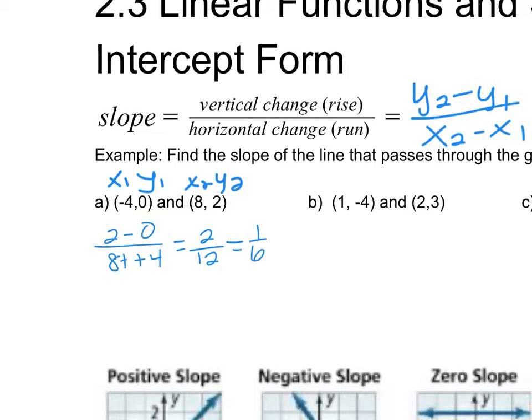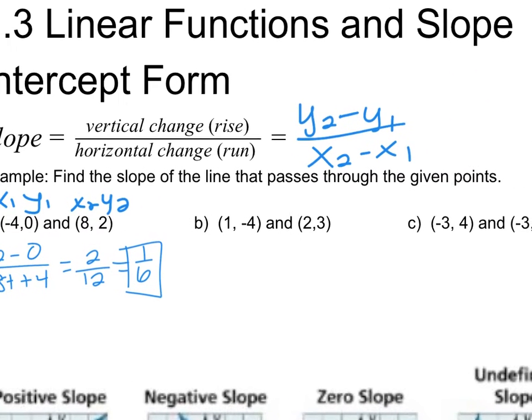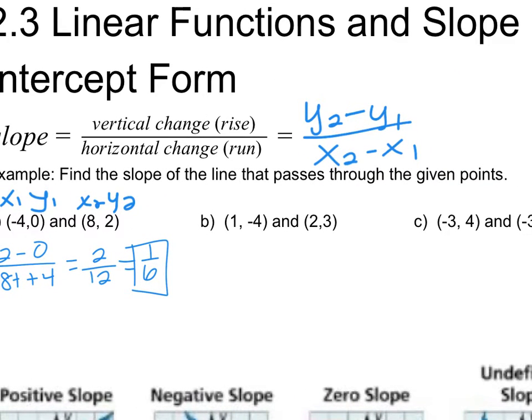So this would be 1/6 whenever you reduce it. Because remember, if you have fractions and you can reduce, you always need to. All right, the next one, I'm not going to label them, but you could if you wanted to. I'm going to do 3 minus negative 4 over 2 minus 1. That becomes 7 over 1, or just 7.